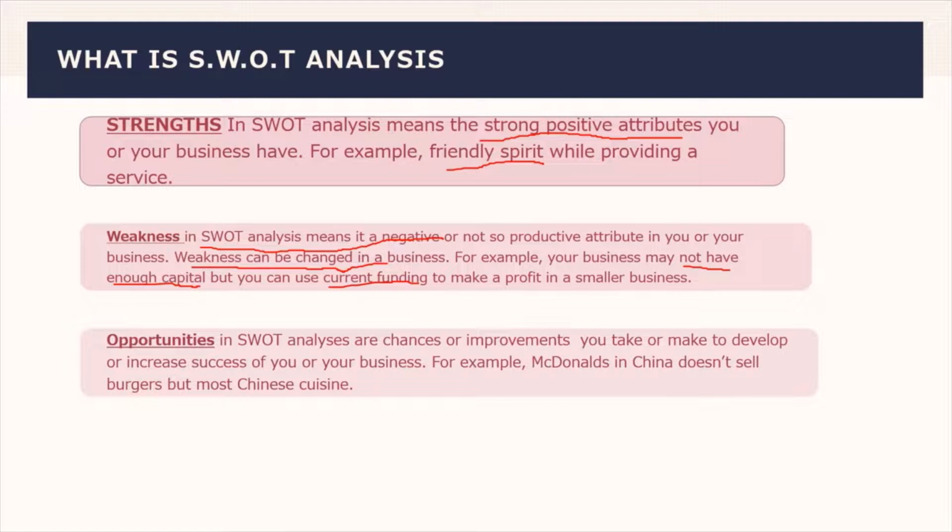Opportunity. In a SWOT analysis, there are chances or parts where you can improve your business, so you can develop or increase the success of your business. For example, McDonald's in China does not sell only burgers, but mostly Chinese cuisine.